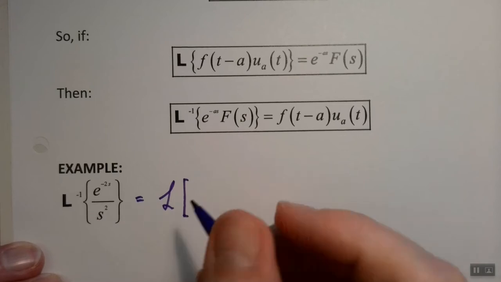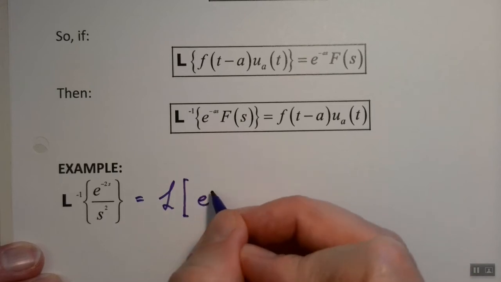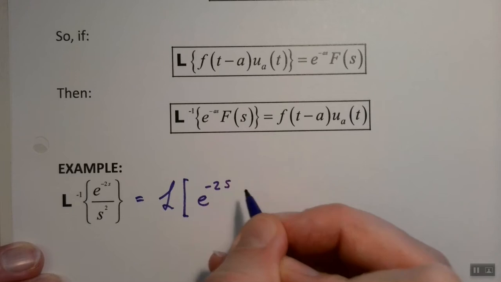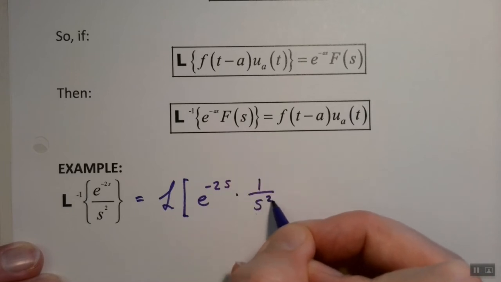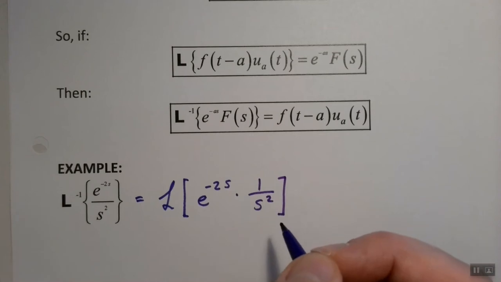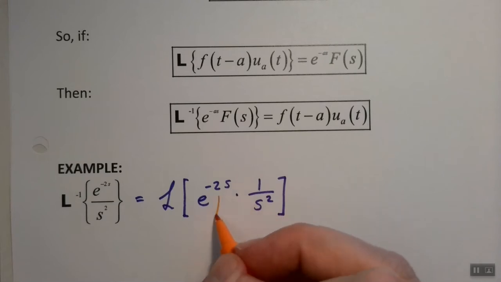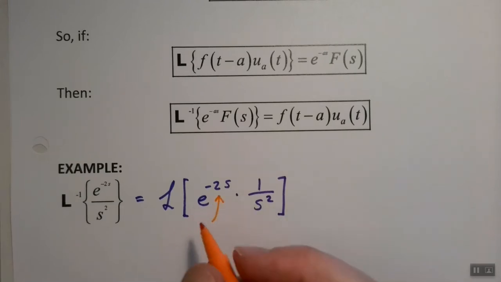I'm taking the inverse Laplace of e to the minus 2s times 1 over s squared. Now, if you notice, we've got a value in the upstairs of 2, right? So that's giving me a sense of how much to shift. It's shifting 2 units.